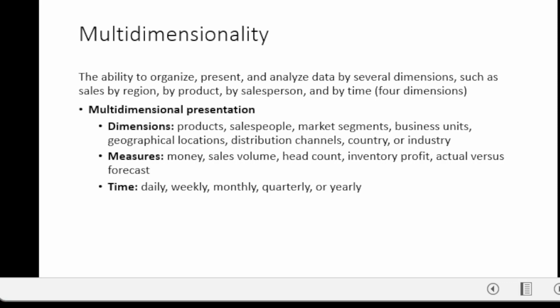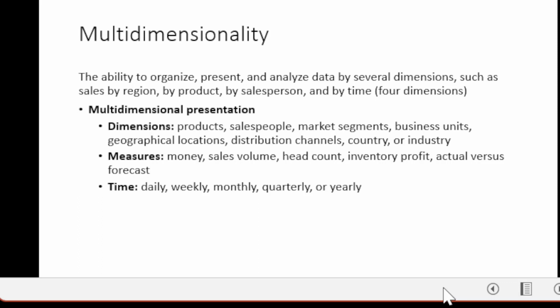Okay. When you talk about multidimensionality, we look at dimensions. We need to break down the dimensions of the data. We look at the product, salesperson, market segment, and so on. And then how do you organize, present, and measure the data in terms of sales volume, headcount, and so on.